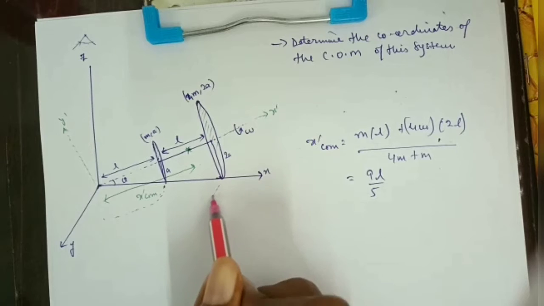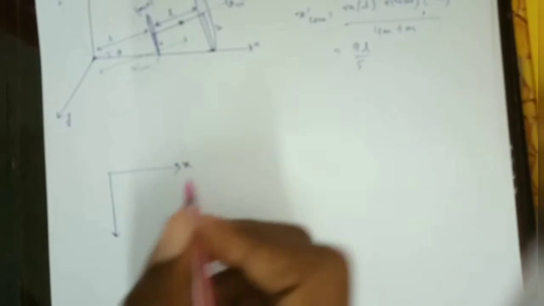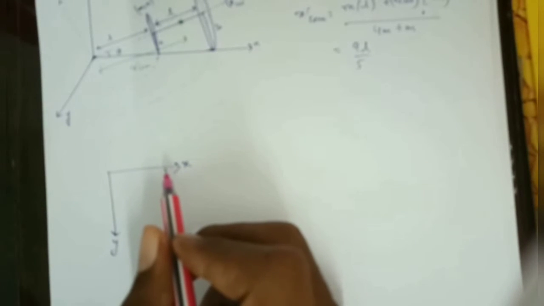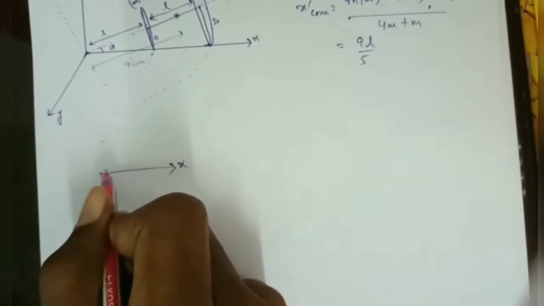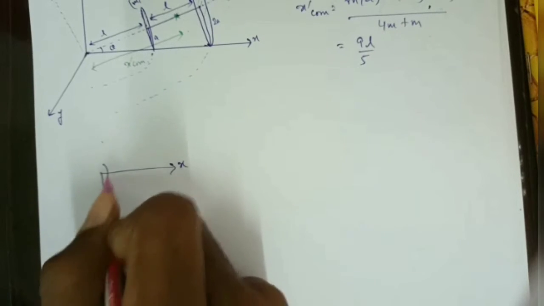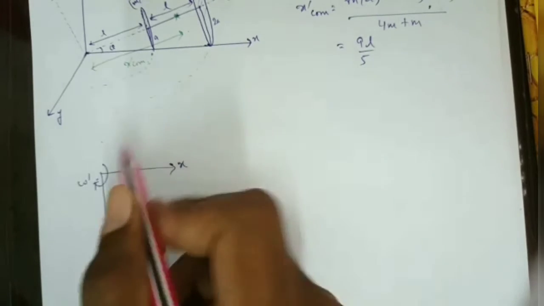It would appear to be something like this. See, this is the x-axis, this is the y-axis, and the entire system is moving with a velocity, suppose omega prime.